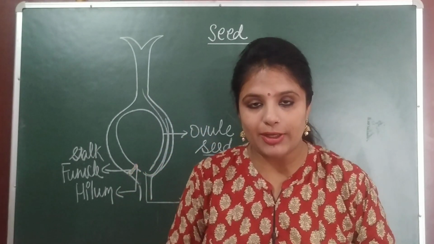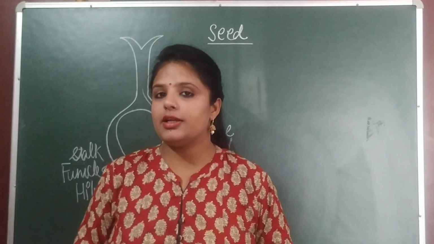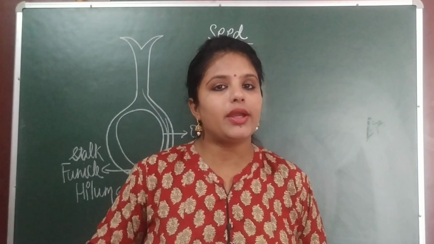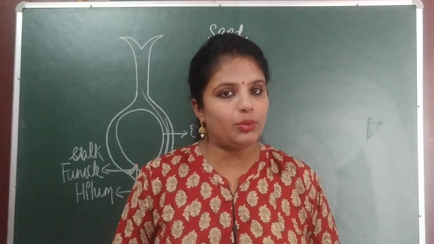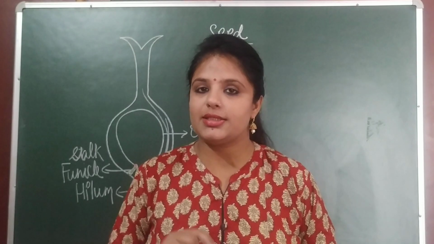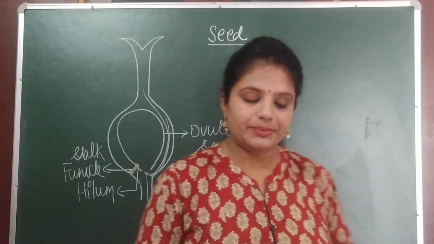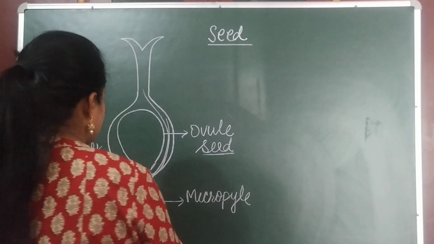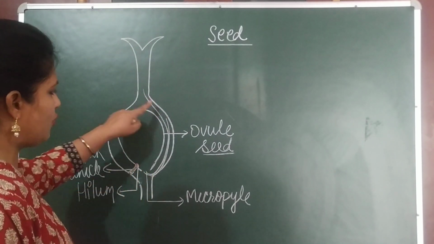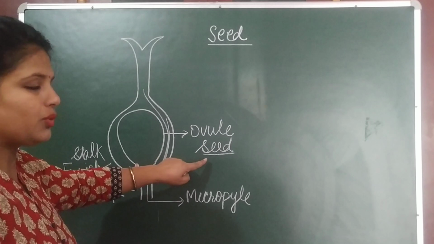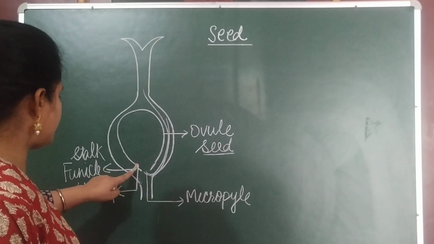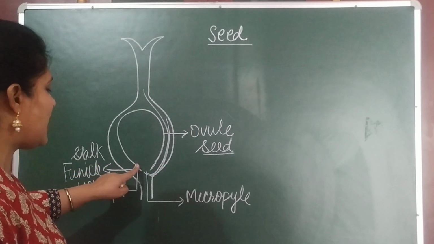So basically micropyle has two functions. In case of ovary, it is the point from where the pollen tube enters. And in a seed, it is the pore from where it absorbs water. Clear? Okay. This is the ovule. This entire structure is going to convert into seed. This is funicle or stalk. This is the hilum.